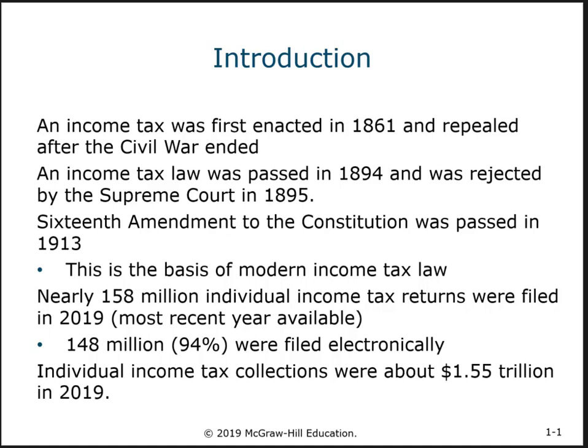Think about how many of that there are to do, and why we need rules and standardization about how to treat things. Because if everybody followed a different set of rules, it would be chaos and it would be very inefficient. So it's about generating revenue for the federal government.